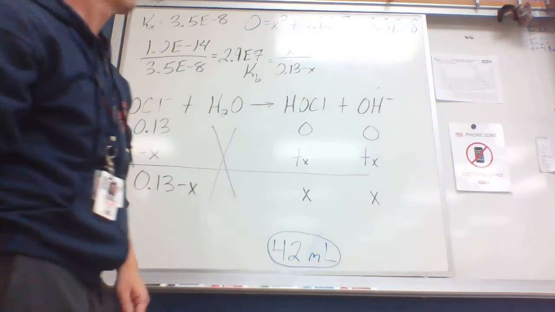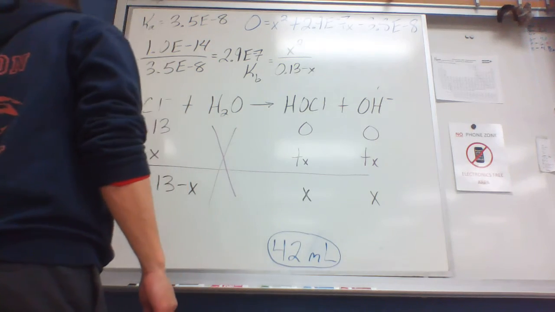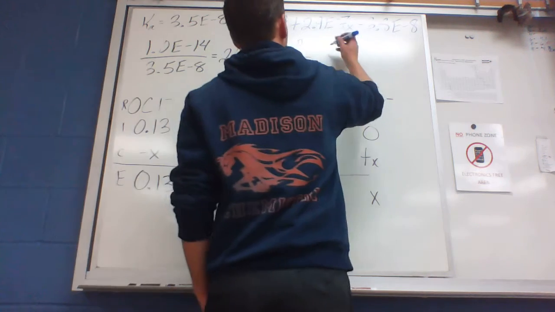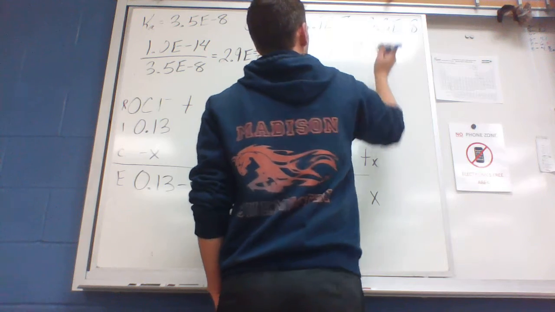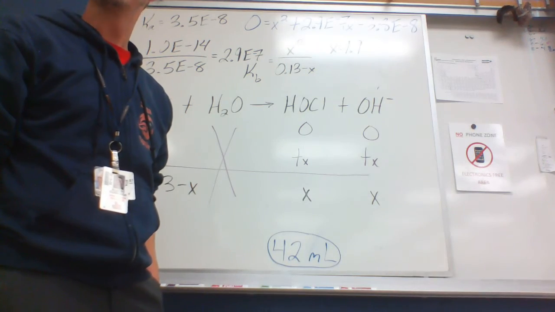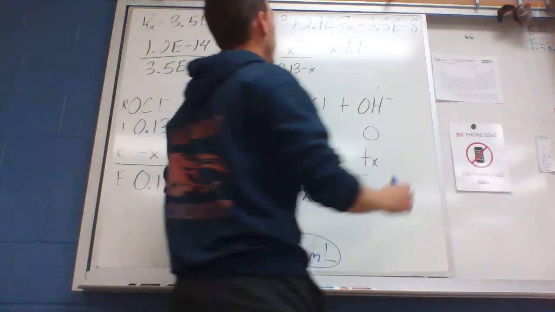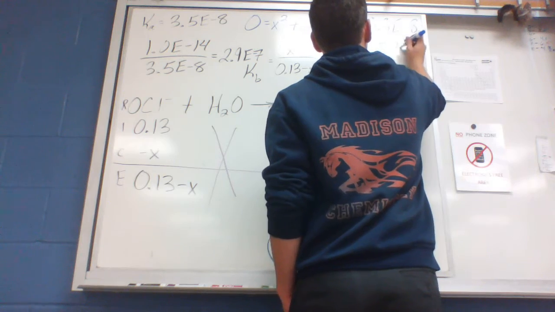All right. You'll type that into solver. I got 1.9. Whoa. 1.9 E negative 3. Scroll over. I got 1.95 E negative 4. 1.95 E negative 4 molar.